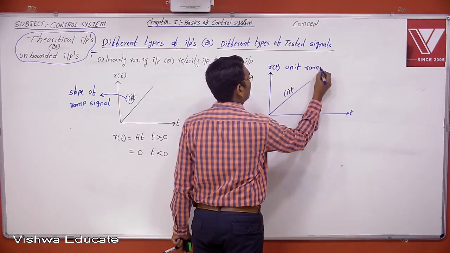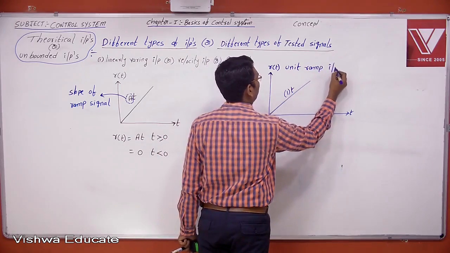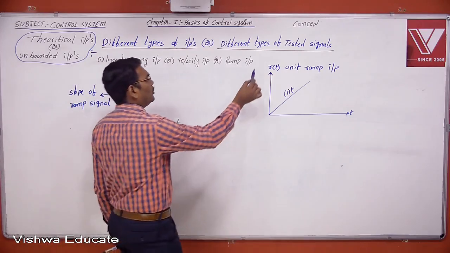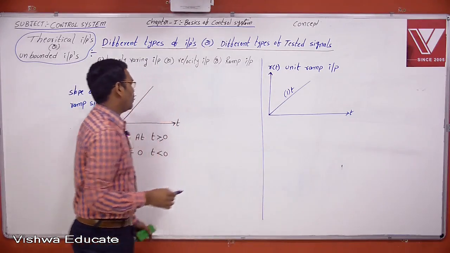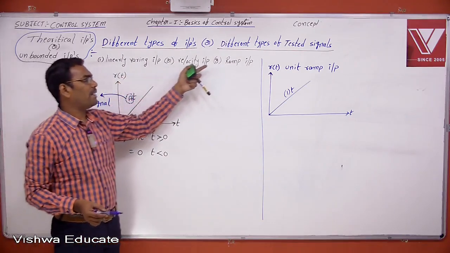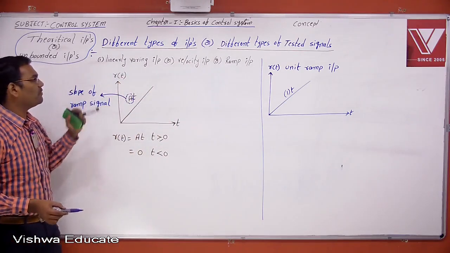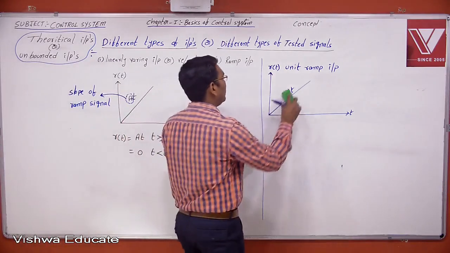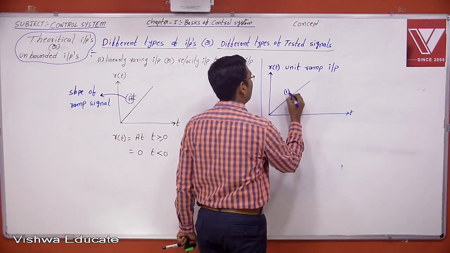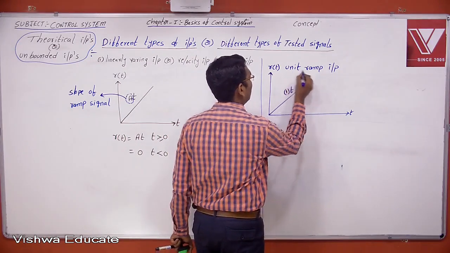Now this is a unit ramp input. The same thing, a linearly varying input, velocity input or ramp input, where A is the slope of the ramp signal. If that A is exactly equal to 1, then this is called unit.